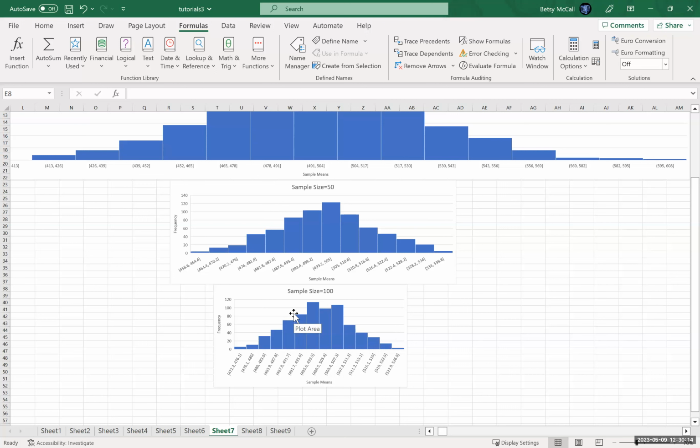Every time you increase the sample size for the first sample that you're taking, how many SAT scores are you looking at in this group, that reduces the wiggle room of how far that mean can move around. And so again, this looks very normally distributed with a mean at 500 right here in the middle. And the spread of that distribution of those means has been reduced again.